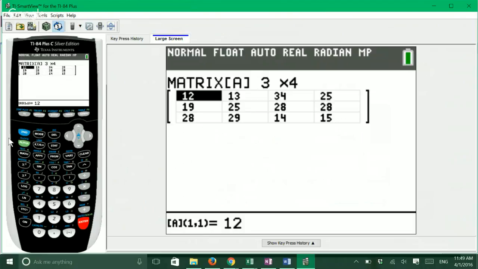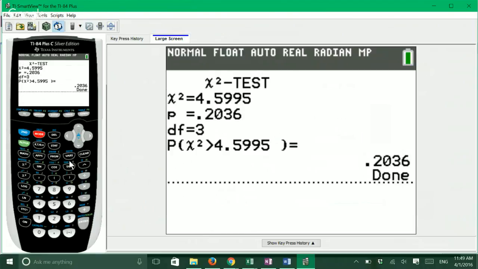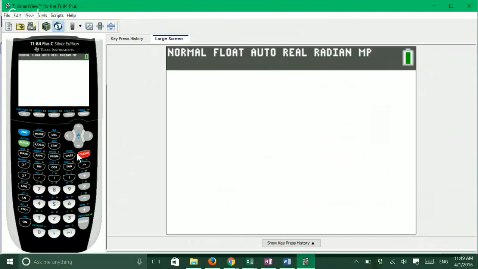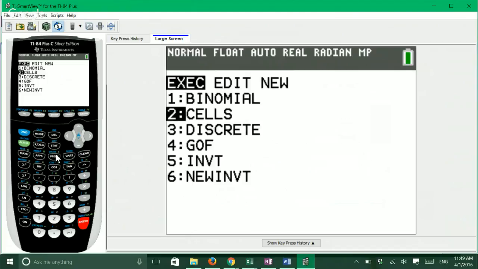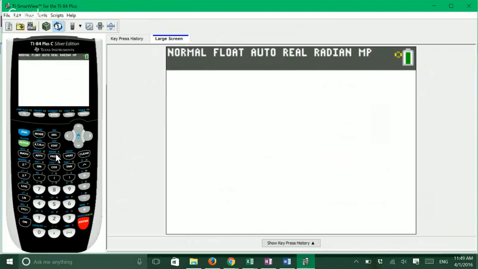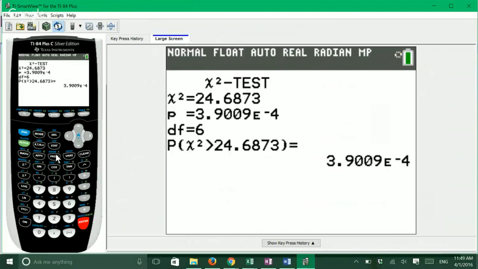Okay, once you have them in your matrix, of course, quit to your home screen. Maybe push clear, so you start with a clear screen. And we're using a program called Cells. Such a nice program. So this data right here is going to give us a few of the answers to the questions.